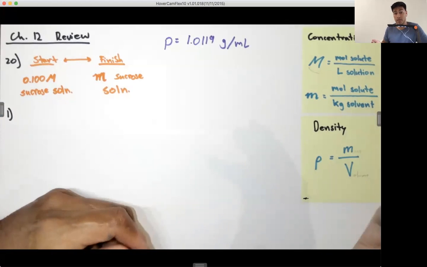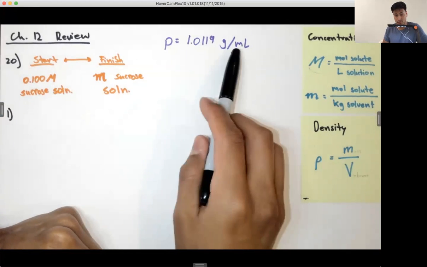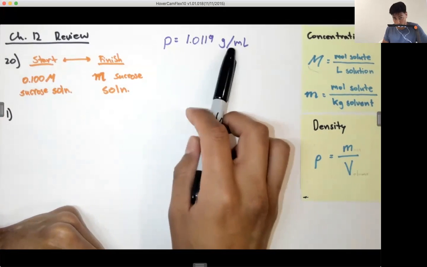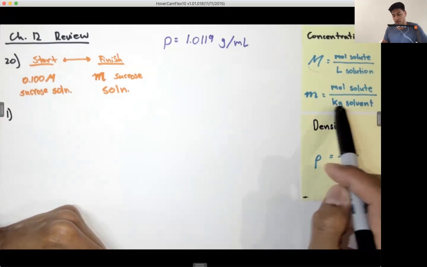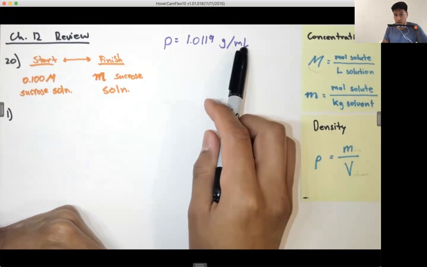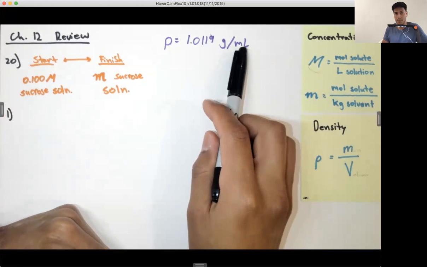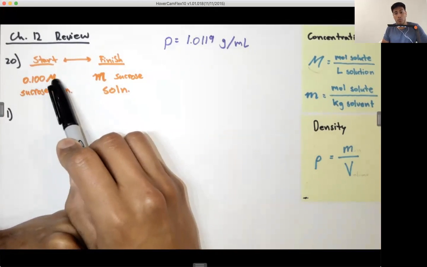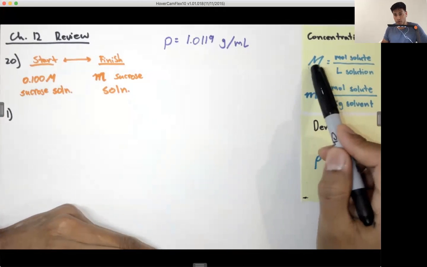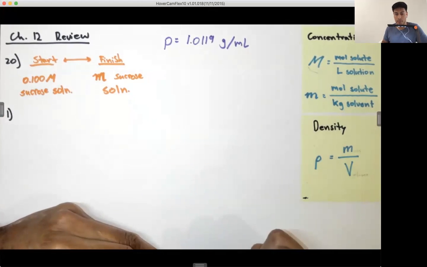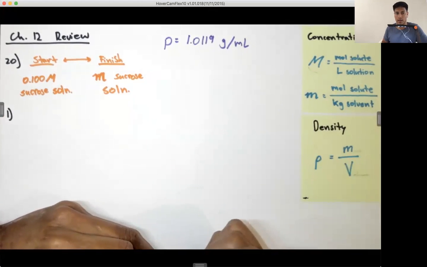Let's think about what we've been given. We've been given density, right? Which is grams per milliliter of the solution, okay? So we don't have kilograms of solvent here, right? Because we have grams of solution and we have milliliters of solution, right? Okay. And then we have 0.100 molar, which molar is molarity, which is moles of solute over liter of solution.